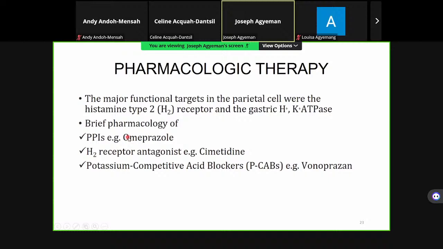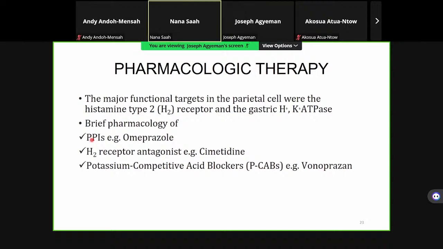So, class captain, please appoint somebody to take us through PPIs on mechanism of action. And not only mechanism of action, no, kinetics, mainly metabolism. PPIs, remember, they are prodrugs, so you have to tell us about the activation.